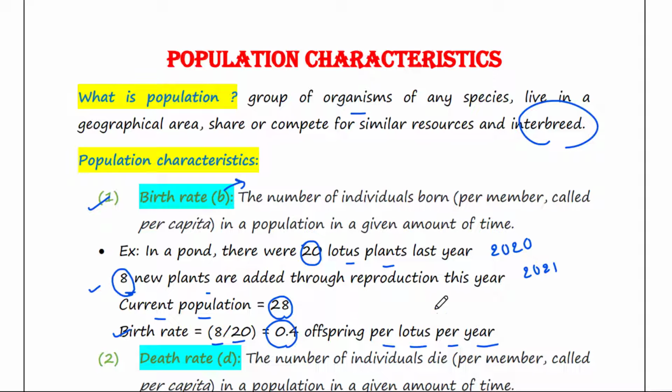That is the birth rate. That's why it is said that the number of individuals born per member, which is important, is called per capita. Per capita means per member. So the number of individuals born in a population in a given amount of time is birth rate.